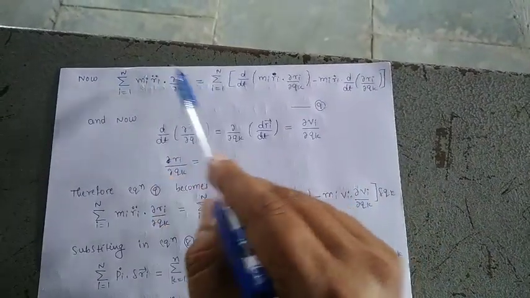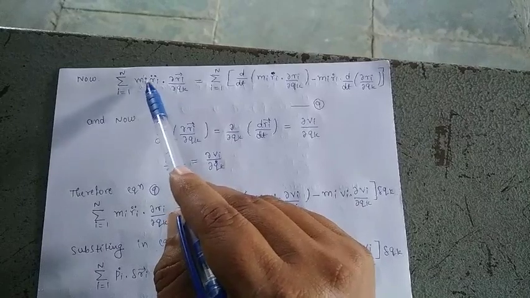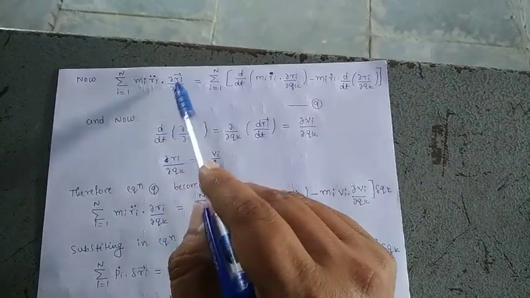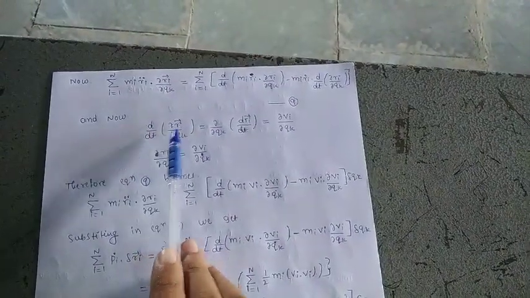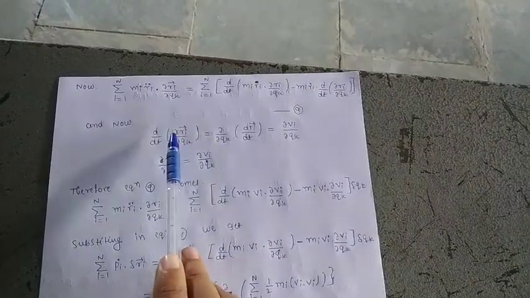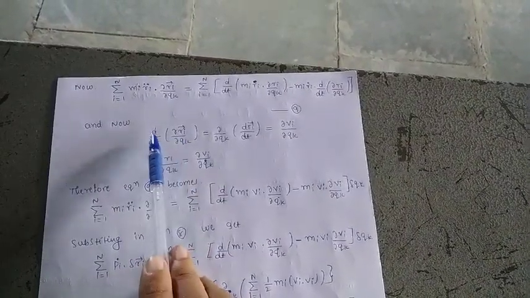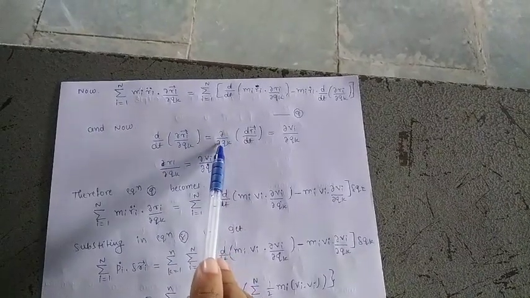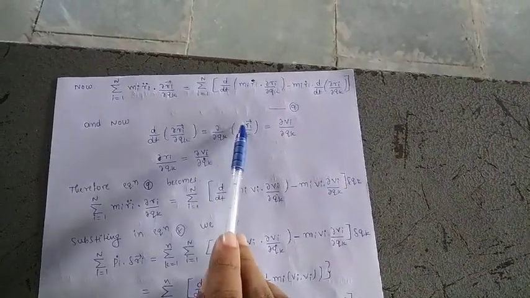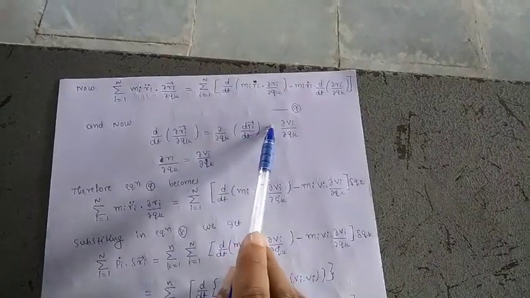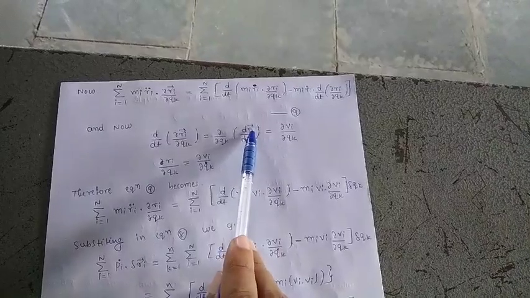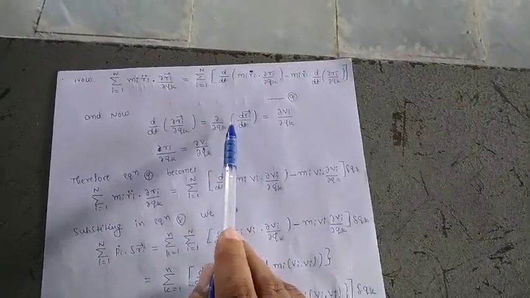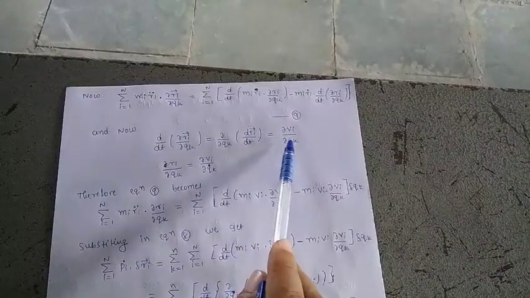We can write this term by differentiation. Now for the second term, d/dt of ∂Ri/∂Qk, take ∂/∂Qk outside and d/dt inside, ∂/∂Qk of dRi/dt. This is the velocity component, that's why we can write ∂v/∂Qk.